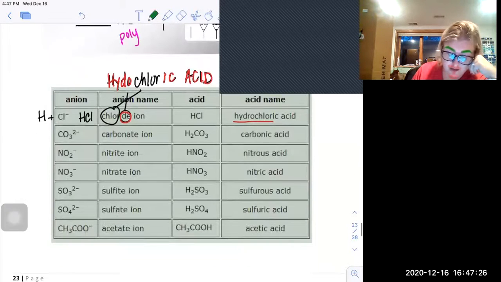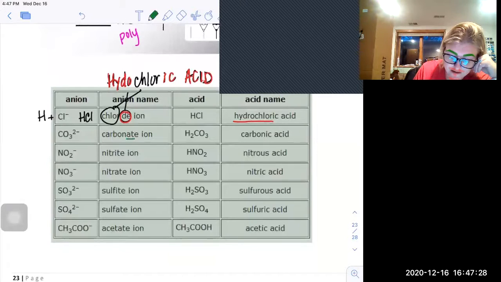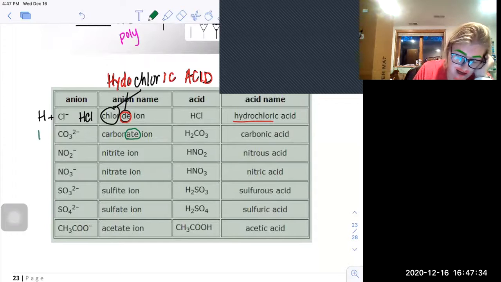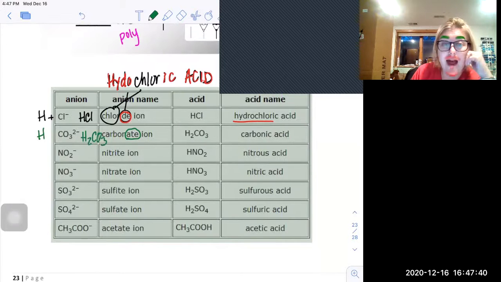Moving on, I'll do another color. Let's do green. Carbonate has an ATE ending. If I were to add hydrogen to this, it becomes H2CO3. The ATE ending gets dropped and it now becomes ic, so it's going to be carbonic acid.